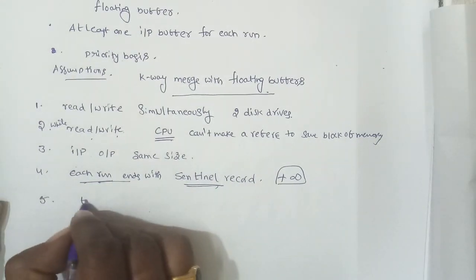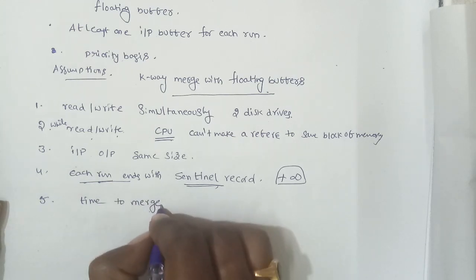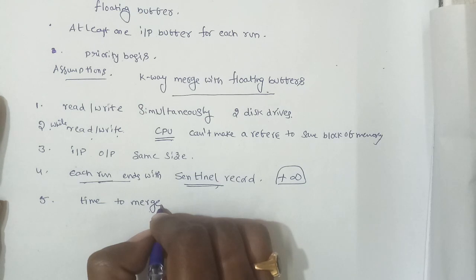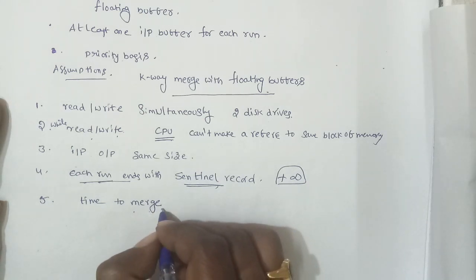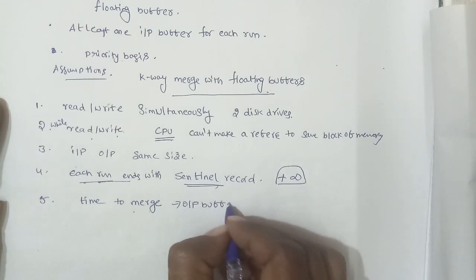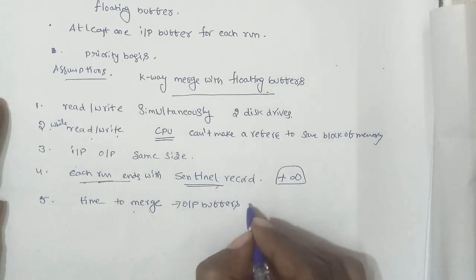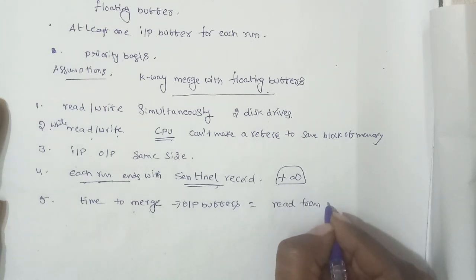Next, the time to perform the merge operation, merging and placing into the output buffer, is equal to the time of the read operation, reading a block of data from a disk.